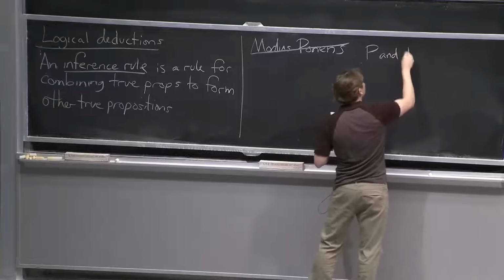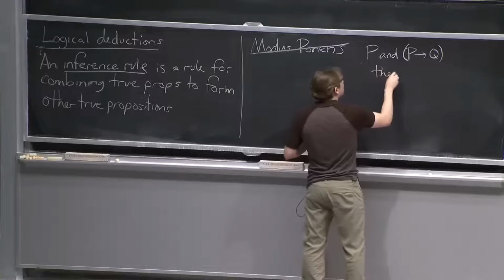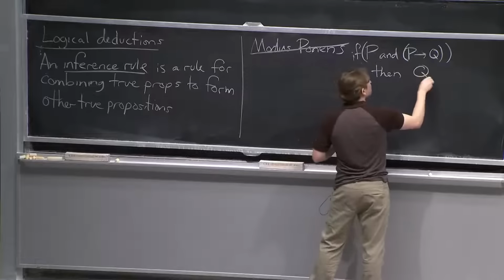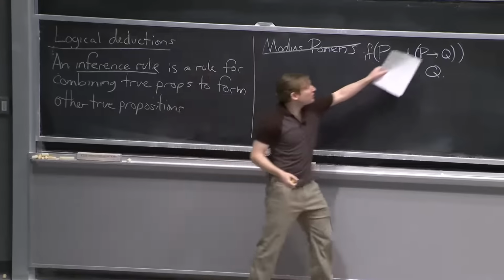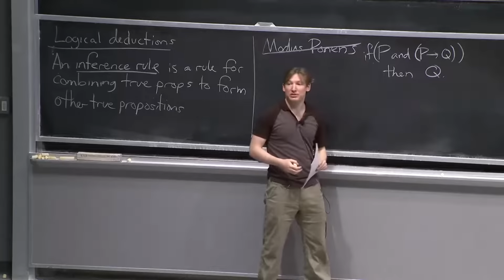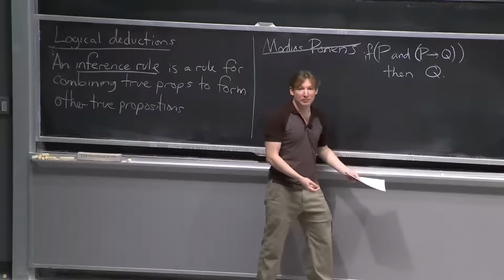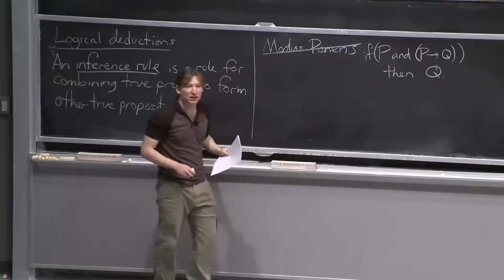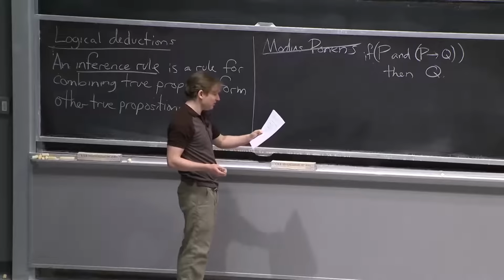If we know P and we know P implies Q, if we know these, then we know Q. Yeah, if we know P and we know P implies Q, then we know Q. If I think and thinking implies amming, then I am. Very intuitive. Let's, again, never mention this by name. That's way too precise for our purposes.